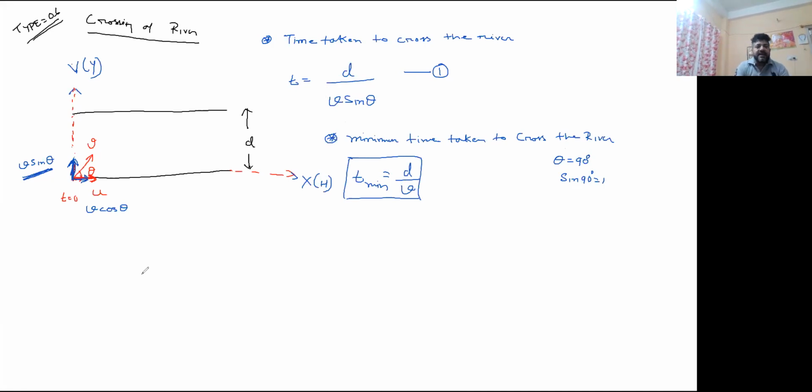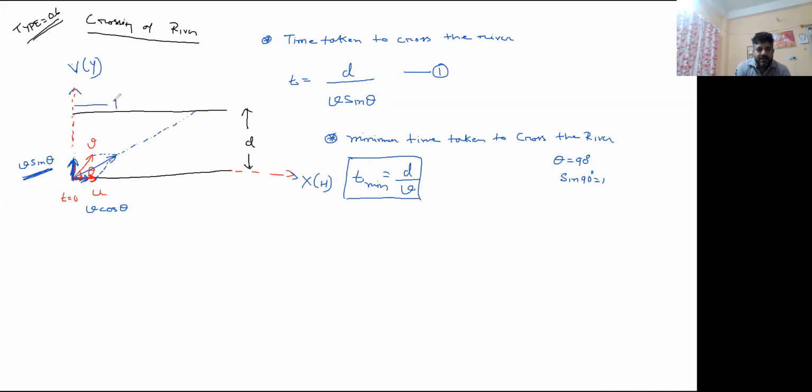Now basically see what happened. You have velocity in this direction. You have flow of the river in this direction. Because of both of this, that is my resultant. So my resultant is moving like this.